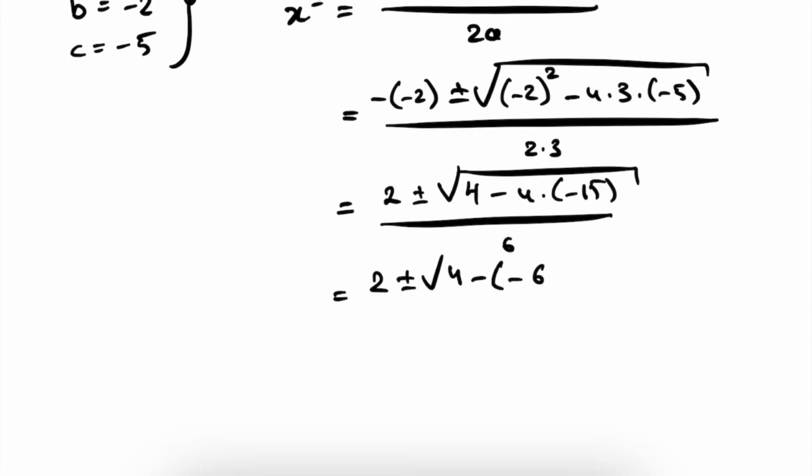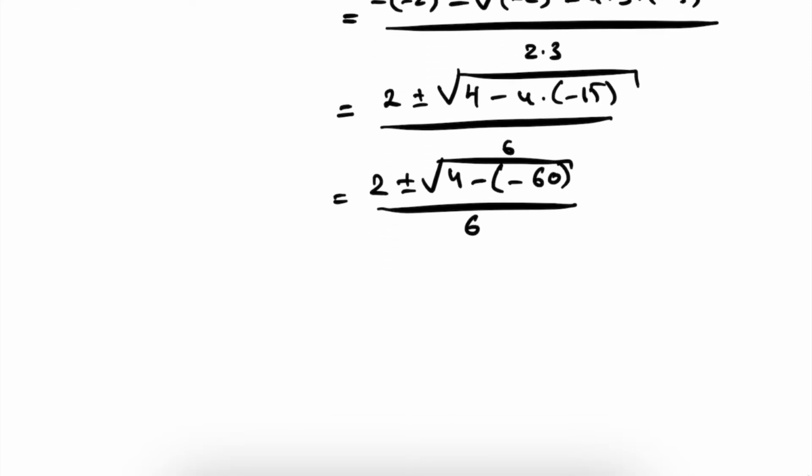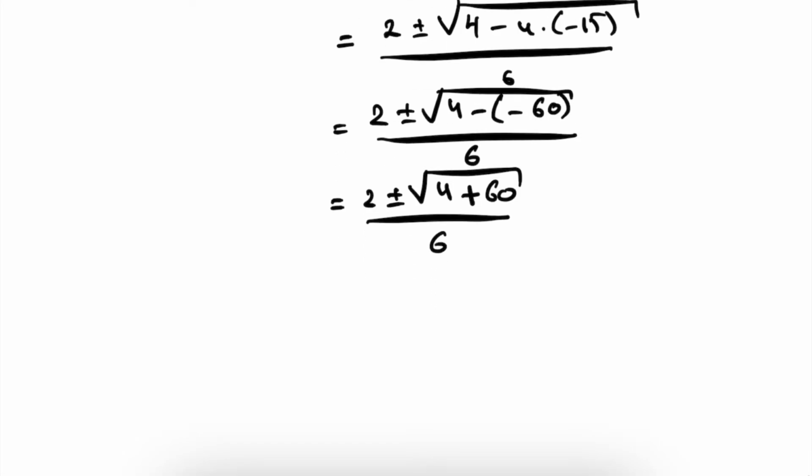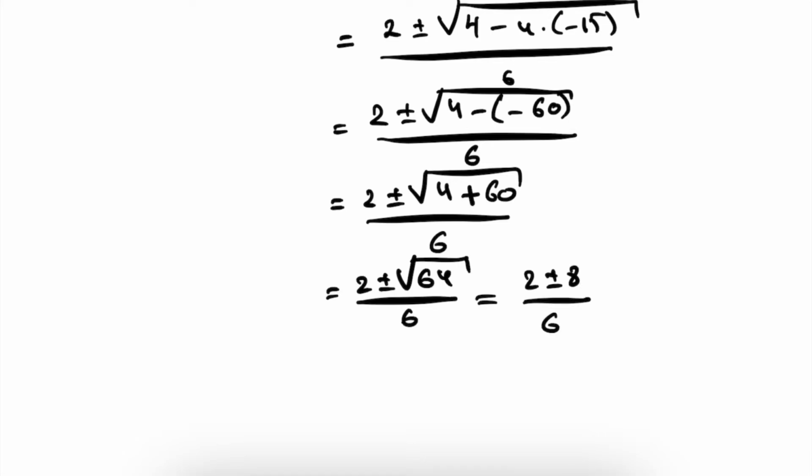So minus 60 divided by 6, which is equal to 2 plus minus the square root of 4 minus, or plus, because minus and minus becomes a plus, 60, all divided by 6, which is equal to 2 plus minus the square root of 64 divided by 6, which is simply 2 plus minus 8 divided by 6.